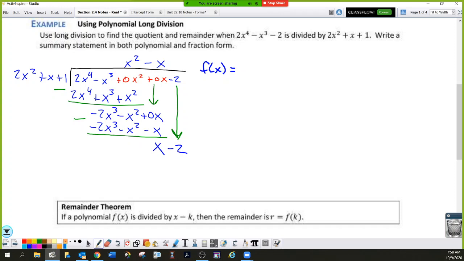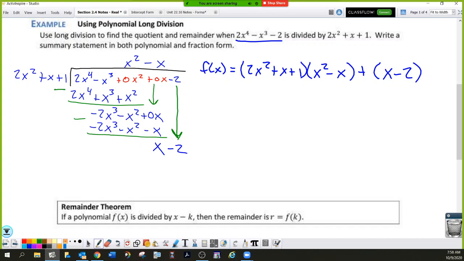I know that 2x squared plus x plus 1 times my result of x squared minus x plus the remainder of x minus 2. If I do 2x squared plus x plus 1 times x squared minus x and add x minus 2, I will get back this.